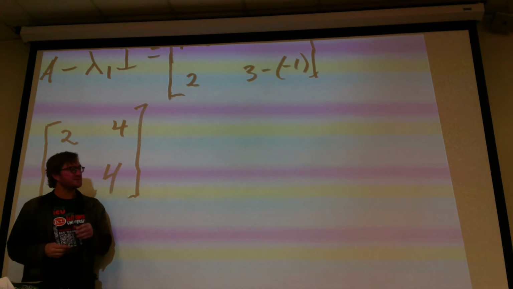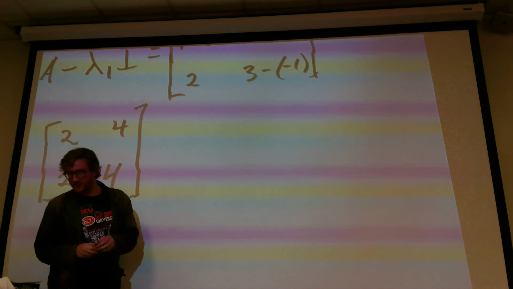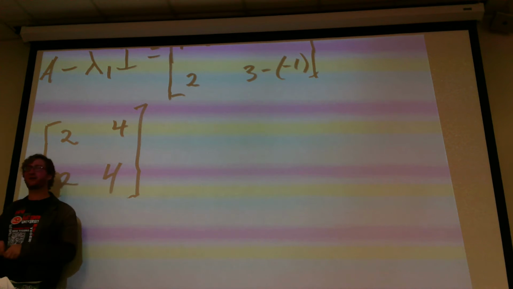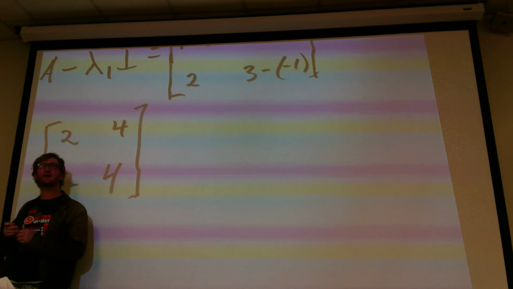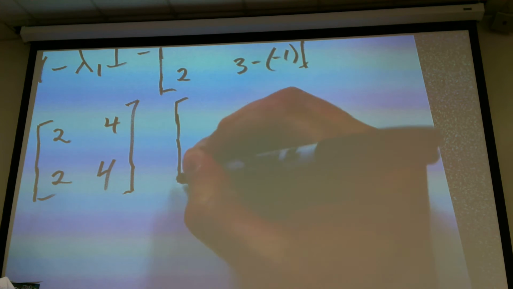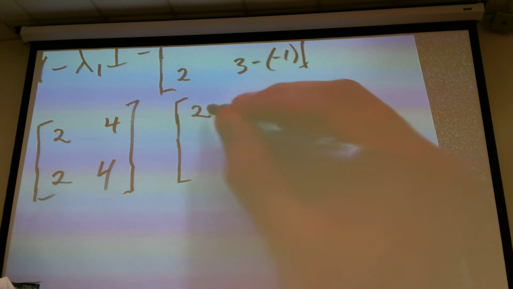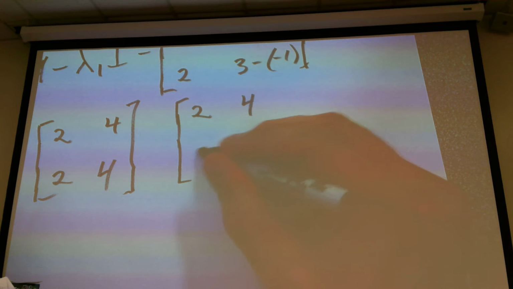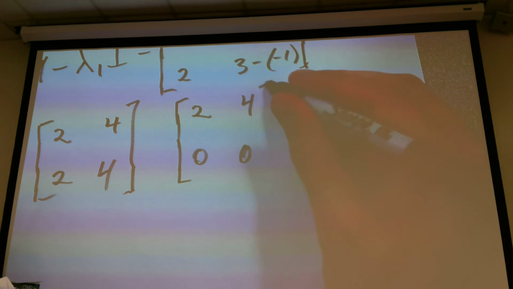And so, since it's linearly dependent, we're going to get a free variable. And so if I take that top row and I multiply it by negative 1 and add it to the bottom row, everybody gets knocked off. That's 2, that's 4, that's 0, and that's 0.